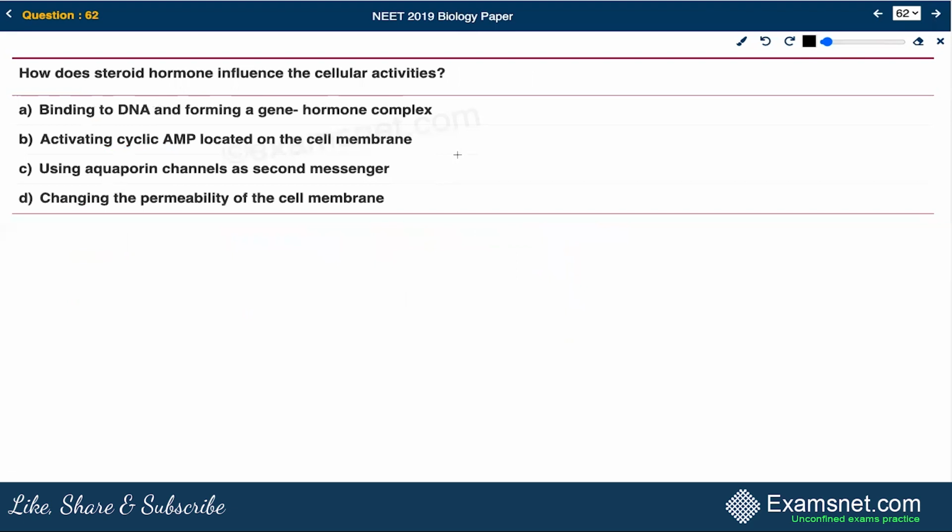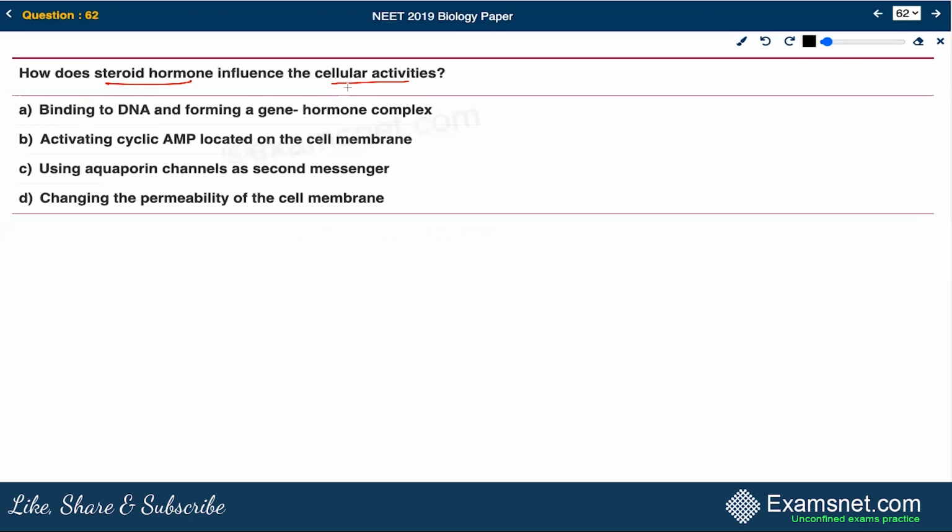Question number 62 says, how does steroid hormone influence the cellular activities? This is a question asked from your endocrine glands chapter. If you remember, there are two categories of hormones that we have come across.